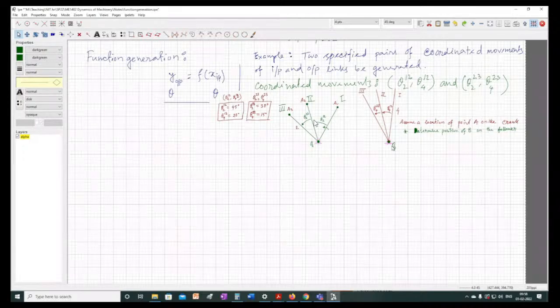Then can we find this B point as the perpendicular bisector of these, this A1 and A2, A2 and A3? We will get some inverted positions, and from those two positions we can draw the perpendicular bisectors. They will intersect somewhere at B, and that is the hinge point B.